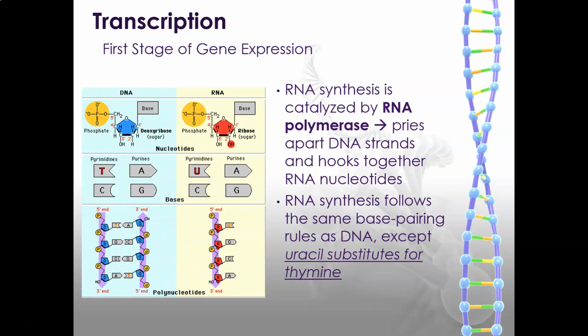And then it will read the template strand of DNA to then hook together RNA nucleotides in complementary bases. Now, something to remember is that when we talked about base pairing in DNA, it was A with T, C with G. There is no thymine in RNA. Instead, it's a uracil. So base pairing rules become a little different here, so that it is A with U and C with G instead.